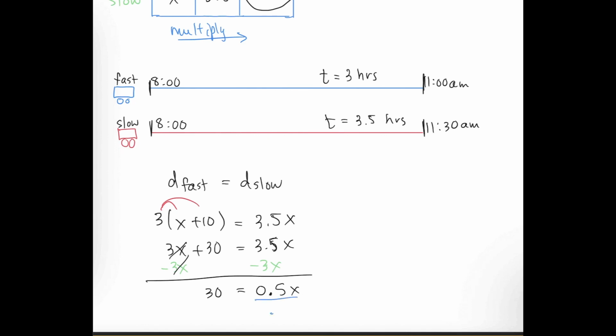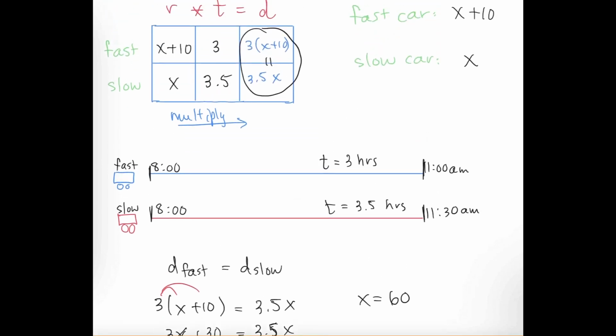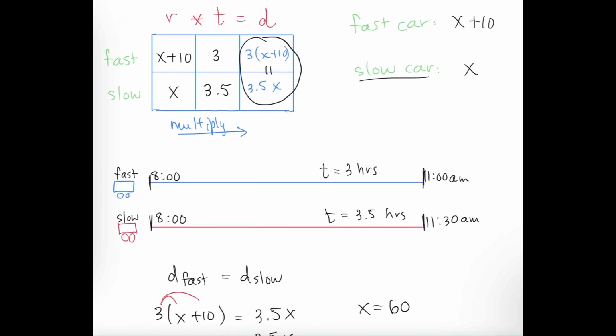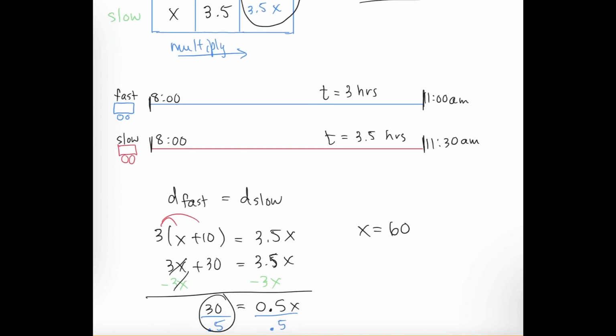When we divide both sides by 0.5 to isolate x, we get x equal to 30 divided by a half, which is 60. Since our x value was the speed of the slow car, we put the units of miles per hour onto our answer.